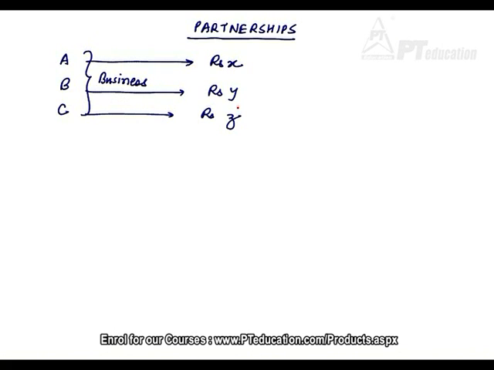or at the end of the accounting period, let us say that the total profit is worth rupees P. How exactly should the profit be divided? So common sense tells us that the ratio of profits must be equal to the ratio of investments made by the partners.